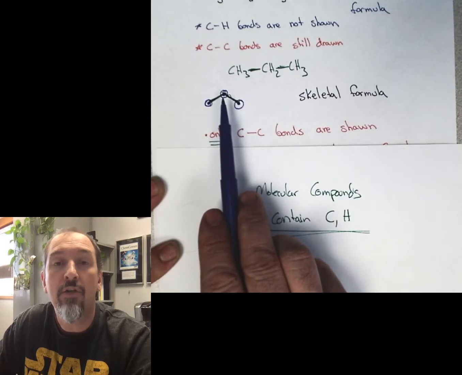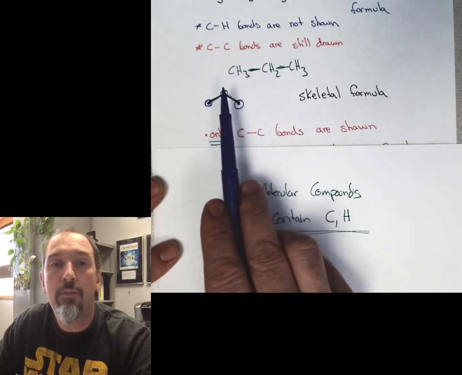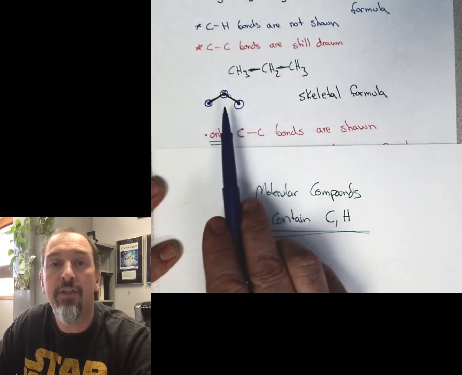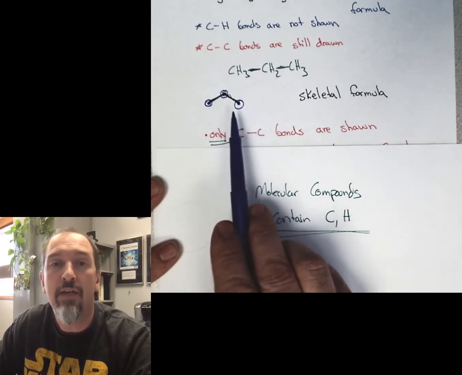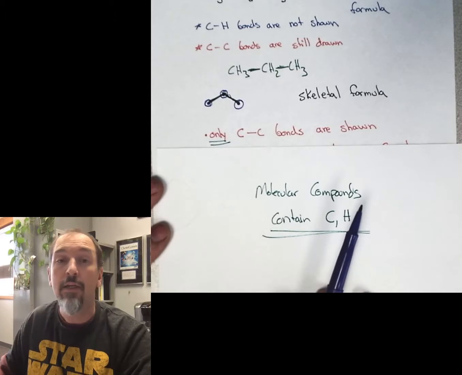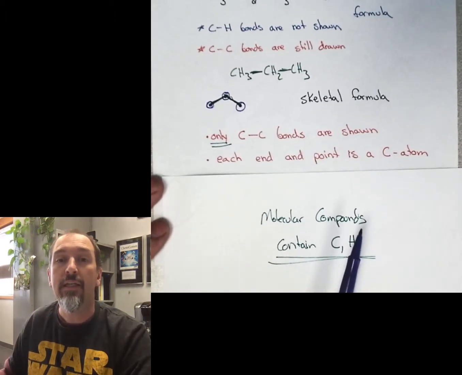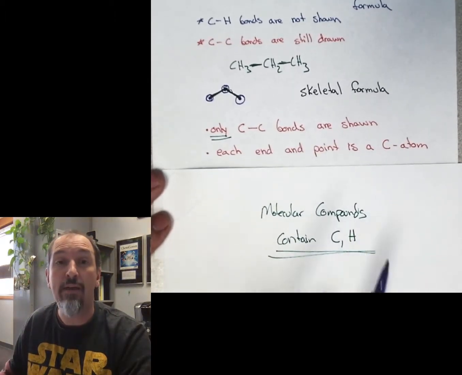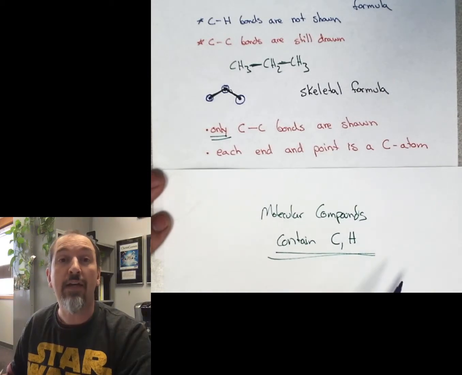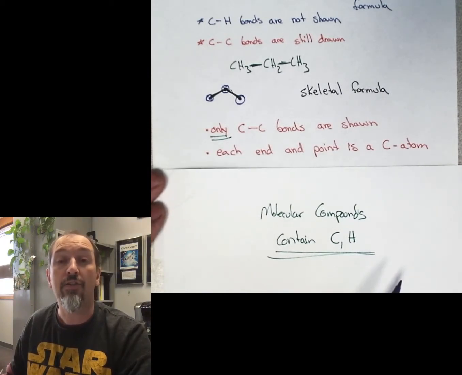This one right here that I circled is a carbon atom that has 2 carbon-carbon bonds, so we know there must be 2 hydrogen atoms off of this one. Same thing here, there's got to be 3 off of that. So the skeletal formula is telling us the same information. Each end and point is a carbon atom. We're just leaving off actually drawing the element symbols, the carbon and hydrogen. And that's our skeletal formula.